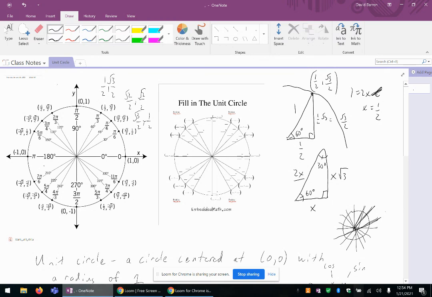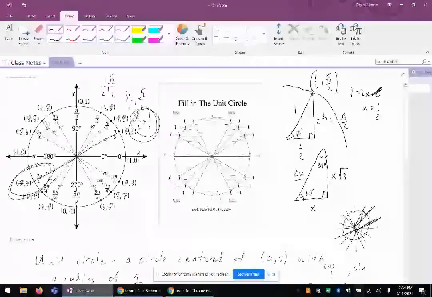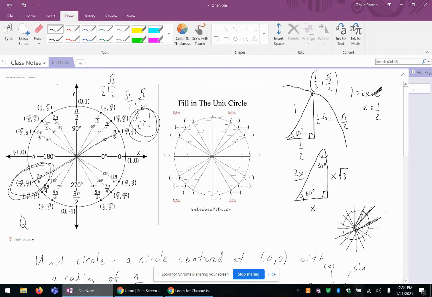If I want to know what this angle here is, I could trace the line back to quadrant 1, grab the coordinates there, and use the same coordinates, but adjust them to be appropriate for the signs of the coordinates in quadrant 3. Quadrant 3 is negative x and negative y, so both of these are negative. And you could do that for all the other angles in there.